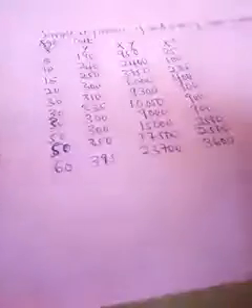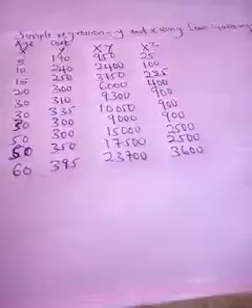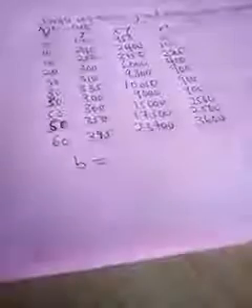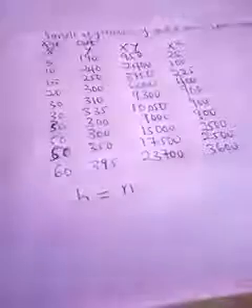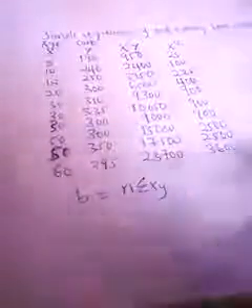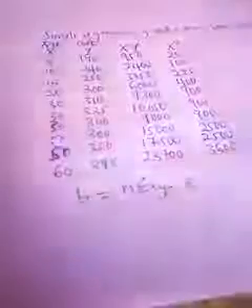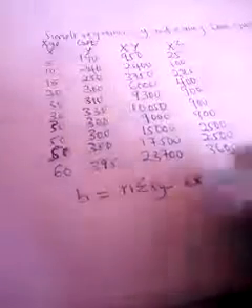Now we need to outline the formula for calculation of b. You start by calculating the b value. Now b is given by n, the summation of xy, minus summation of x, summation of y.